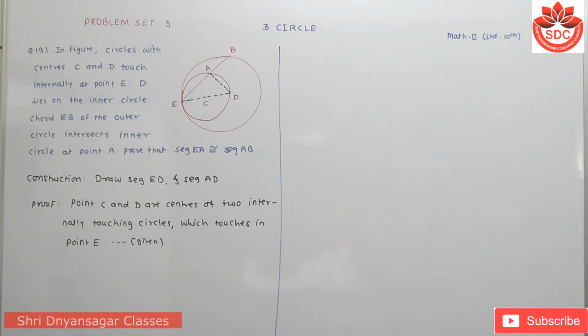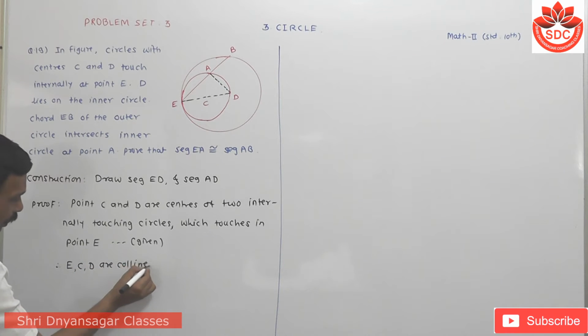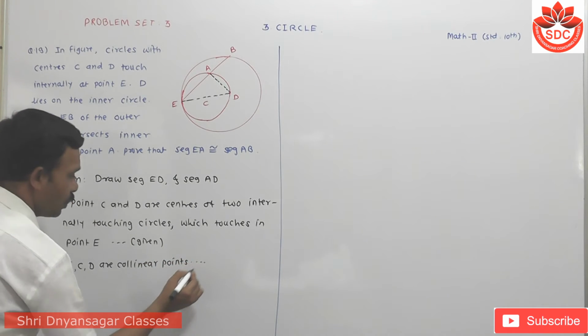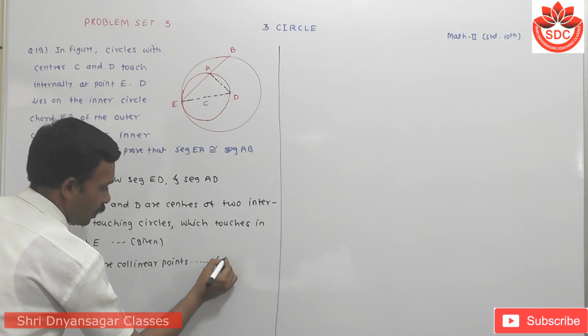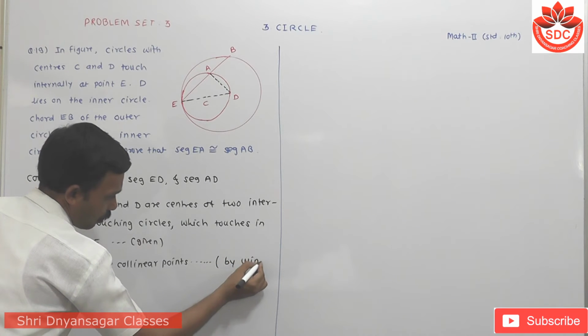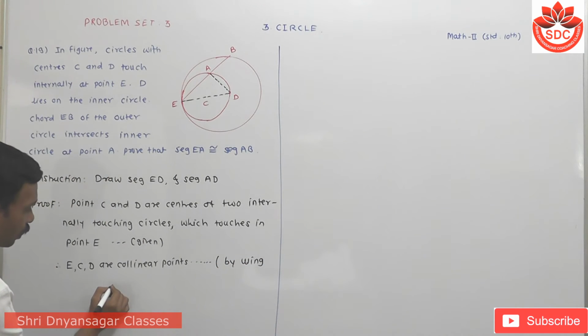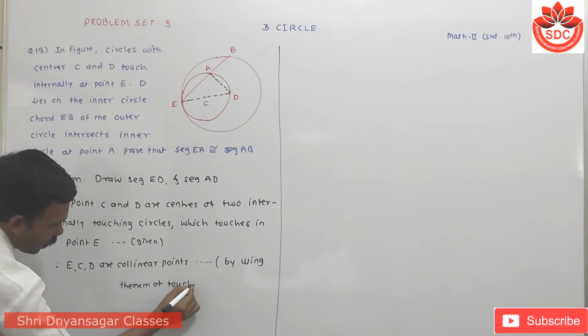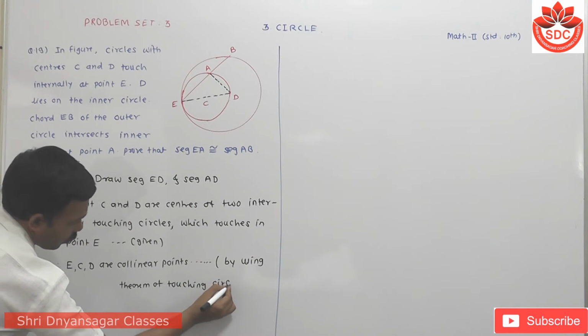Now then student, therefore points E, C and D are collinear because of the theorem of touching circles.